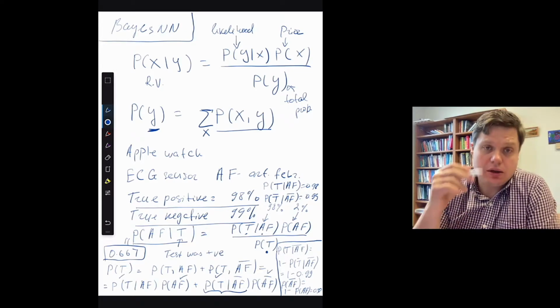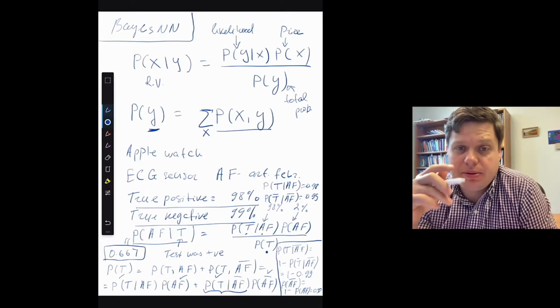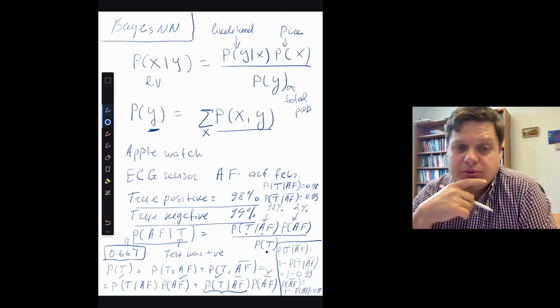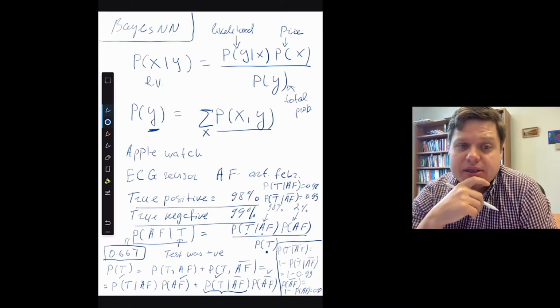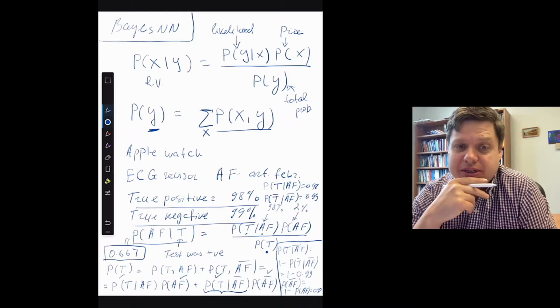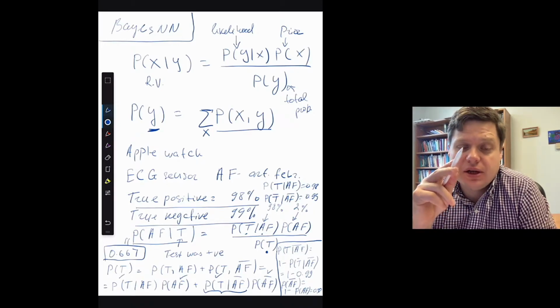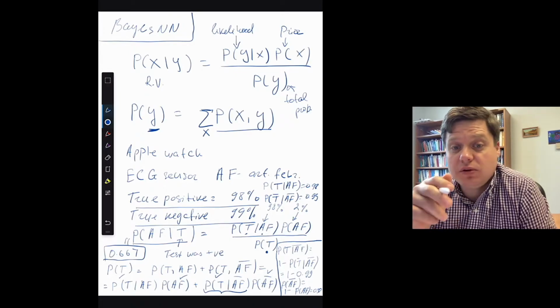So we need to calculate the bottom part, the total probability of observing a positive test, P of t. And we're going to use this formula. We're going to sum across all possible values of arterial fibrillation. We're going to sum it out. So it's the probability of test positive and arterial fibrillation plus the probability of test positive and no arterial fibrillation.